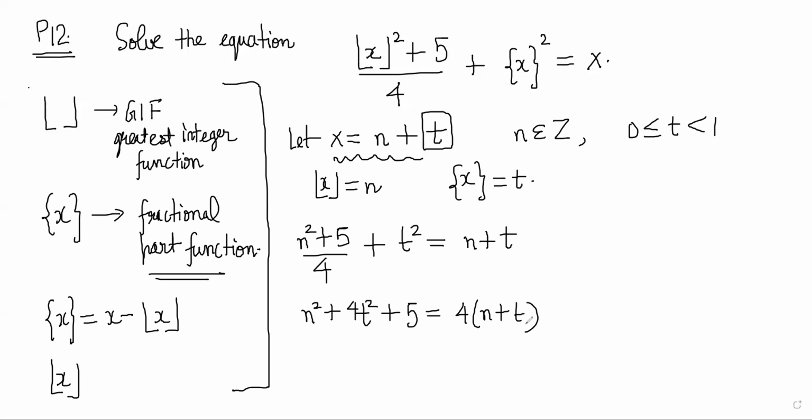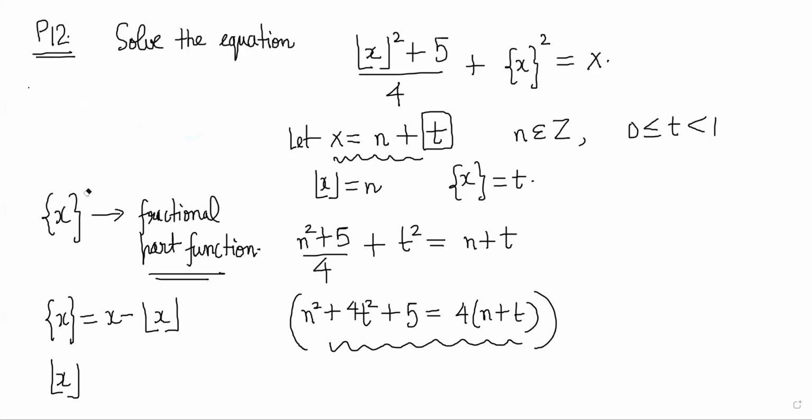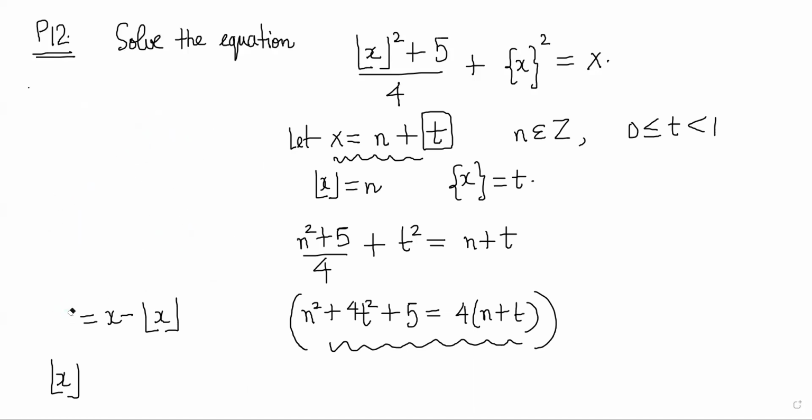Yes sir. Now, how do you solve this equation? Is there a way to solve a single equation with two unknowns? Sir, we can make it a perfect square. Correct, take the 4 times n plus t to that side.